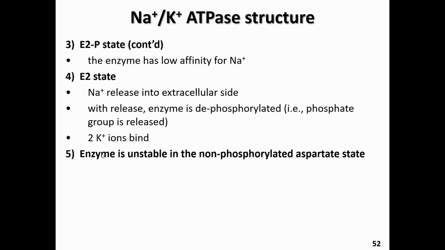And so in this state, the enzyme is considered unstable once that phosphate group has been removed from the aspartate residue. And in doing so, the enzyme will seek its stable conformation and will evert back into the cytosol. In doing so, the affinity for potassium will decrease, thereby releasing potassium back into the cytoplasmic region of the cell.